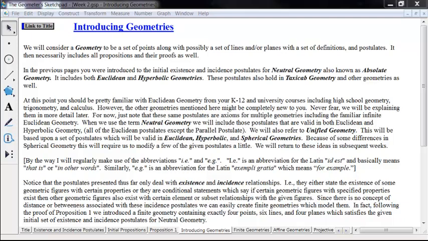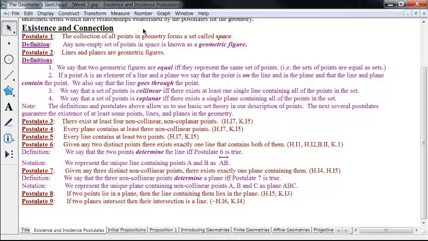We have to modify some of these postulates, even some of the ones that we already have, to work in spherical geometry. Let me just go back here, and I can even tell you which ones. The first two are still good. In spherical geometry, we'll usually deal with only one plane, and hyperbolic geometry as well. So anything referencing planes doesn't really matter, but we could still accept number 3 and 4 and 5.